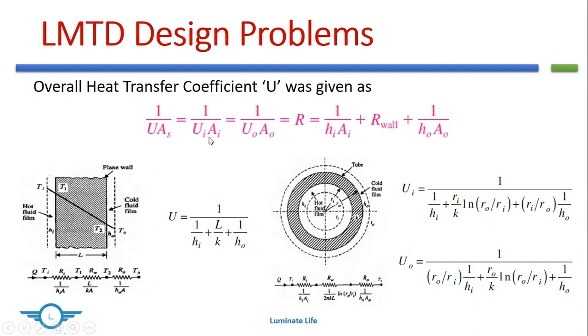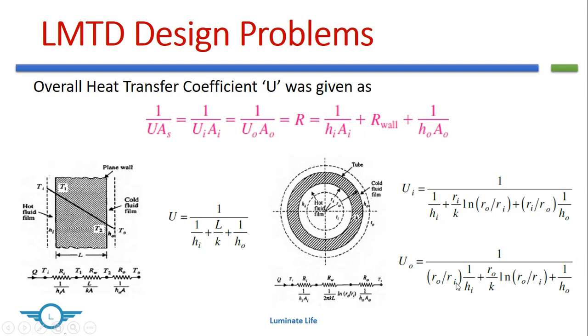So Ui will be based on Ai and U0 will be based on A0. So in this particular equation, we will substitute the resistance of the wall of the cylinder, then this A0 and Ai will be multiplied or crossed over to the other side and it will be reduced to this equation.